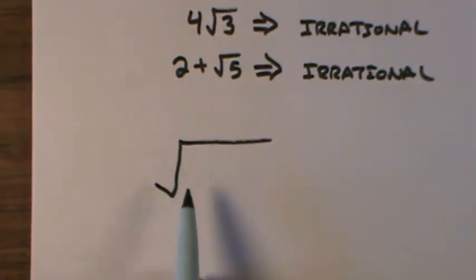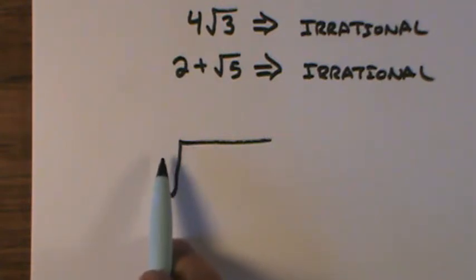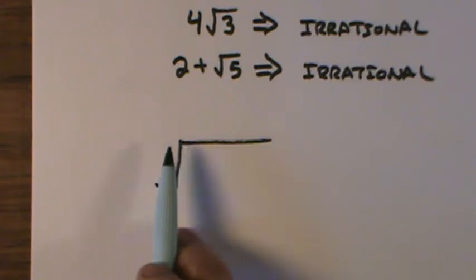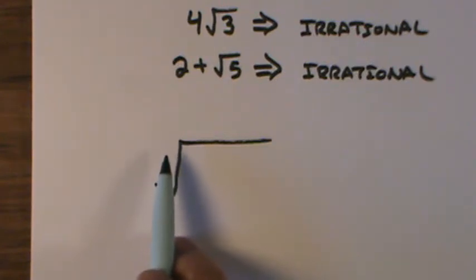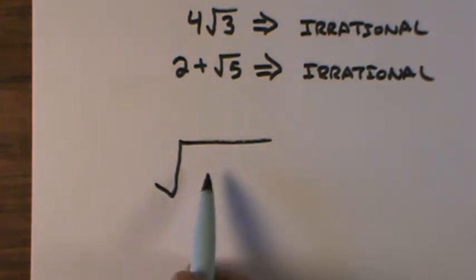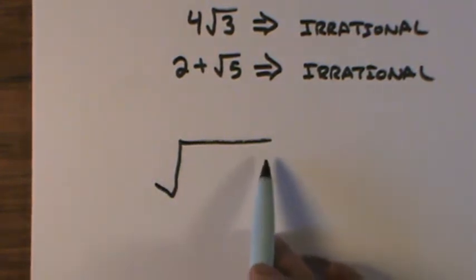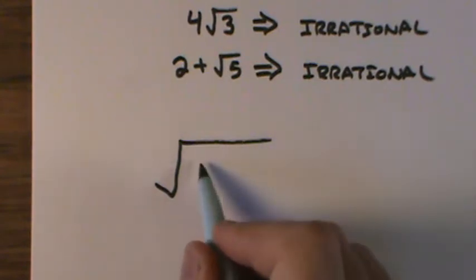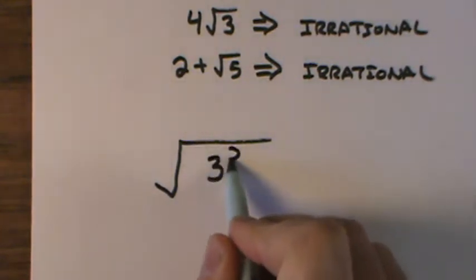Here's a radical. Where my marker point is dancing around, that's called an index. If it doesn't have a number here, it's considered to be a square root, so it has a 2. So for a square root, in order for you to walk through the airport security, you have to have something like 3 squared.